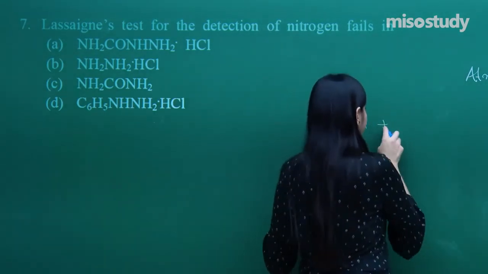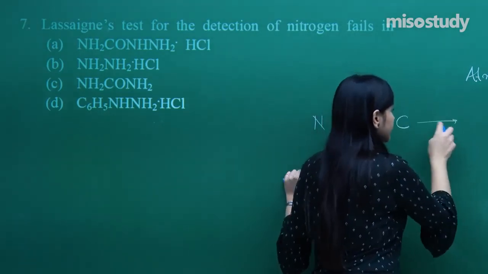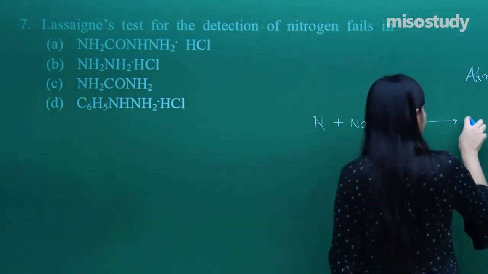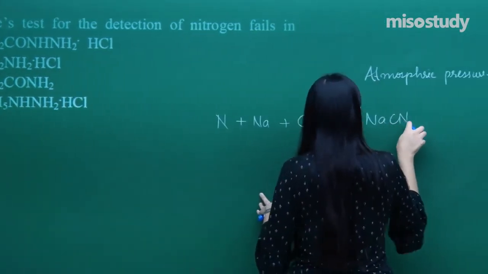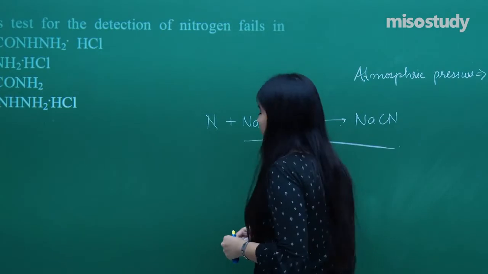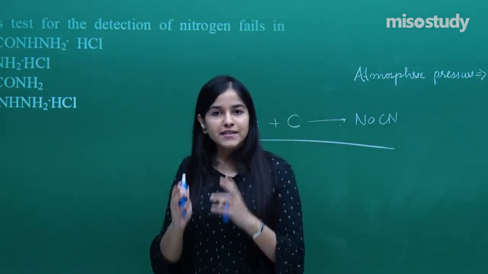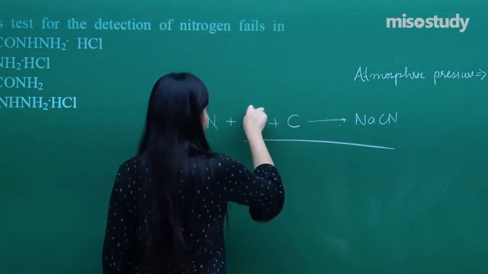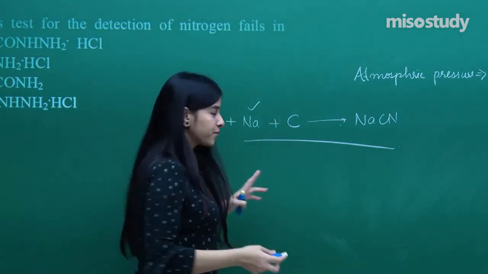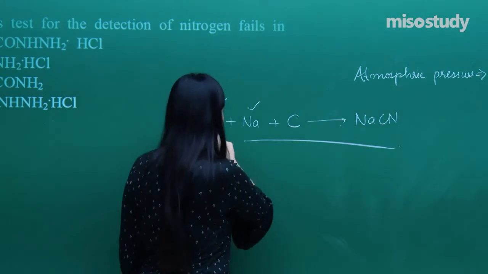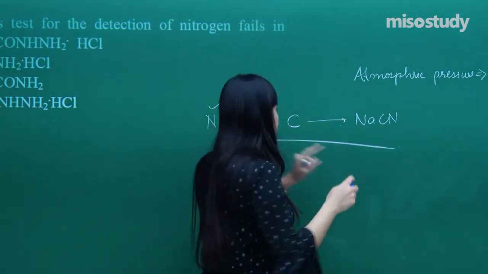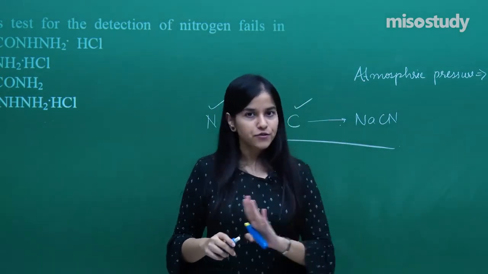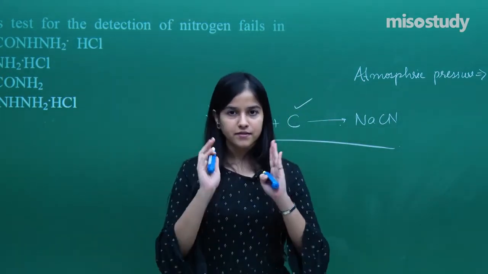Also carbon, the carbon that is present in the organic compound, and what we get in LE is NaCN, right? That means for a Lassaigne's extract to have sodium cyanide, I need sodium, that is for sure. I need nitrogen, that is also for sure, because I am testing for the nitrogen, and also along with that I need the carbon to form the sodium cyanide, right? So that is the basis.